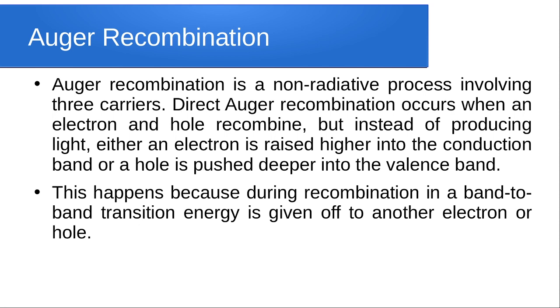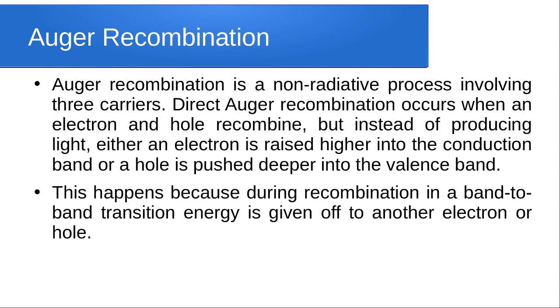But instead of producing light or heat, the excess energy which is being released will be given to an electron already available in the conduction band. So it will get more energy and it will move to a higher level in the conduction band. Similarly, in the case of the valence band, holes will be pushed deeper.